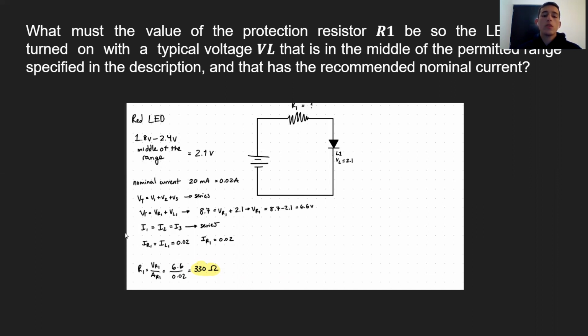As well, I used the properties in series for the current. In this case, IR1 equals IL1, which equals 0.02, which is the nominal current. All the current in series is the same. So the current in R1 is 0.02, and R1 equals 6.6 over 0.02 due to Ohm's law. We substitute and we have 330 ohms.